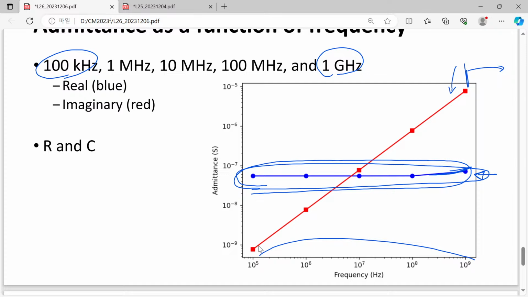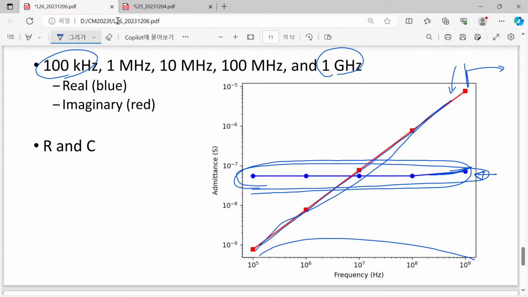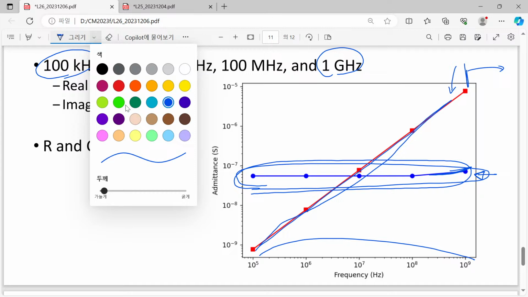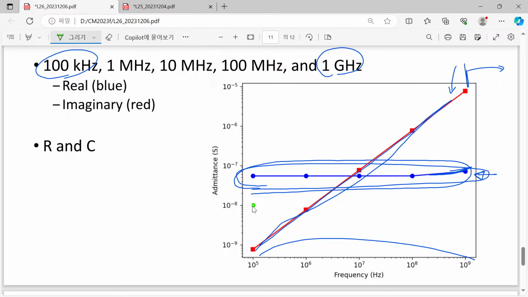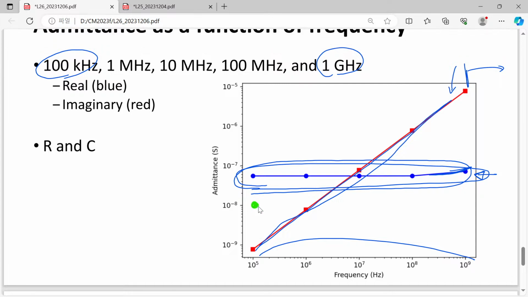And how does the imaginary part look? This one is just linearly increasing. So is it really linear or not? Please try to draw this graph. Here we have one number, 10 to the minus 8, and this corresponds to 10 to the minus 9.